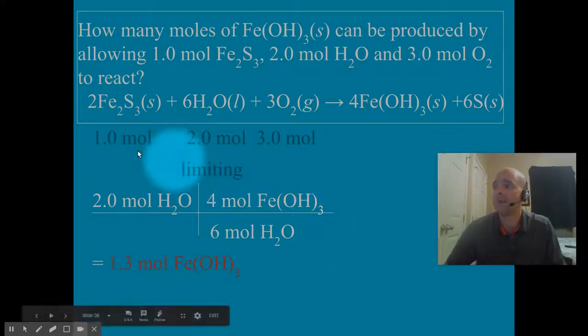If you worked it out for 1 mole of iron sulfide and also 3 moles of oxygen, we would find that those molar values would be higher than 1.3. 1.3 is the least of the 3, so that is our limiting reactant.